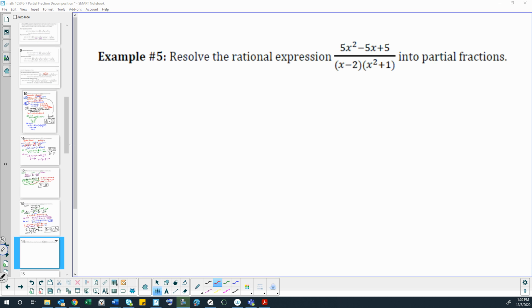So here we are back on example 5. It's already factored, which is nice. So our equation is 5x squared minus 5x plus 5 over x plus 2 times x squared plus 1.